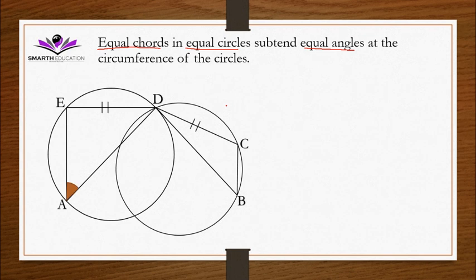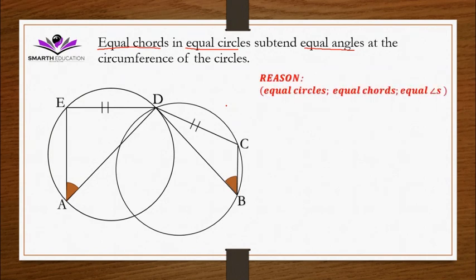Chord ED subtends angle A at the circumference, and chord DC subtends angle B at the circumference. So angle A is equal to angle B, because these are equal circles, equal chords, equal angles. That's the reason you write.